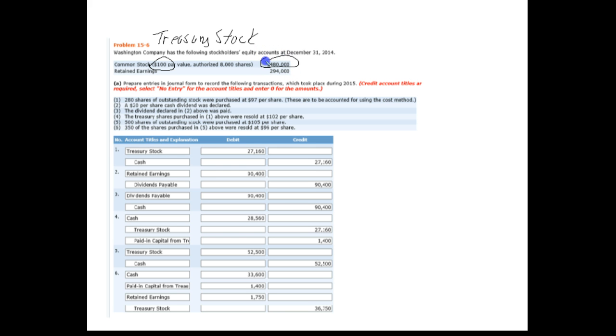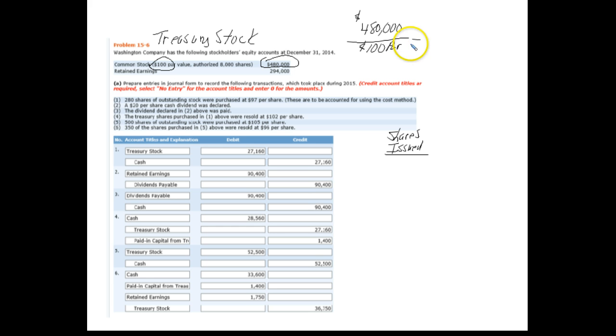So let's schedule out how many shares are issued at that point in time. So number of shares issued, $480,000, and we have a par value of 100.